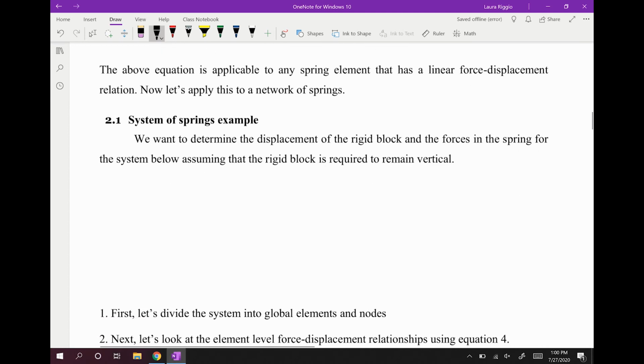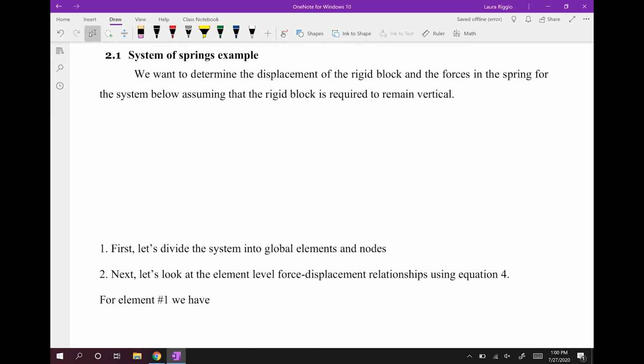So we're going to work on an example of a system of springs. Say we want to determine the displacement of a rigid block and the forces in the springs for this system that I want to draw. So here's a wall. I have 1 spring. I have a bar that has rollers on it.